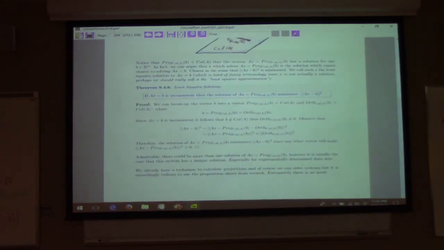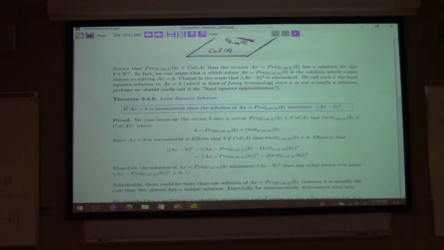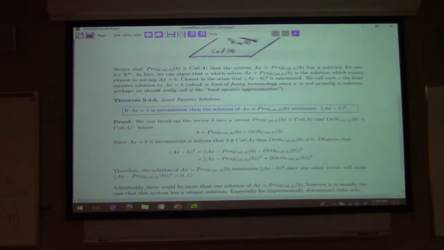The least squares solution: if Ax equals b is inconsistent, then the solution u of Au equal to the projection onto the column space of A of b minimizes that. In other words, if I put x equal to u here, it's as small as possible. Here's the proof. We can take b and write it as a sum of the orthogonal part and the projection onto the column space. All right?